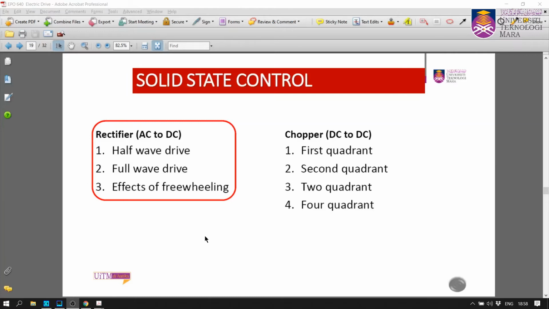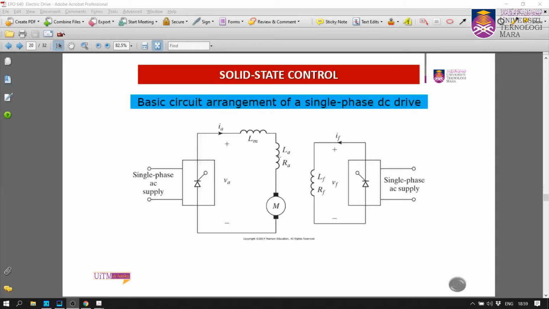We're going to look at what is half wave drive and full wave drive, and also what is the effect of the freewheeling diode that will be added into your circuit. Okay, so we have three. Next, in the next class, we're going to look into the chopper, whereby we use DC to DC as the converter. Okay, so let's look at this: basic circuit arrangement for single phase DC drive.